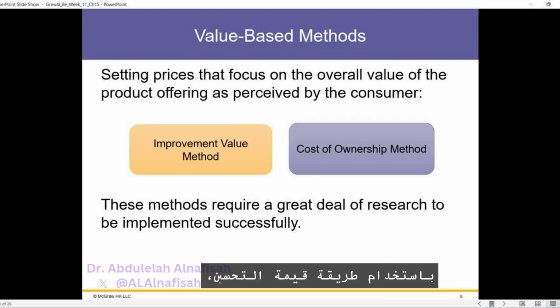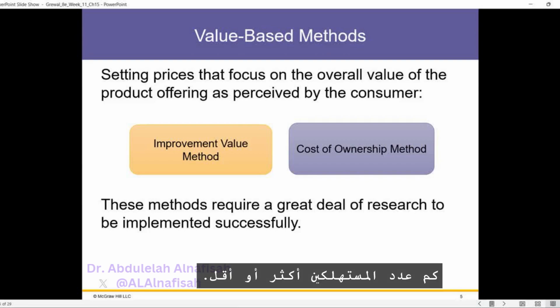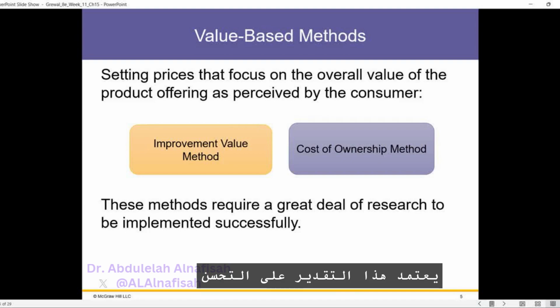With the improvement value method, managers estimate how much more or less consumers are willing to pay for a product compared to similar alternatives. This estimation is based on the perceived improvement in features, performance, or innovation offered by the product.